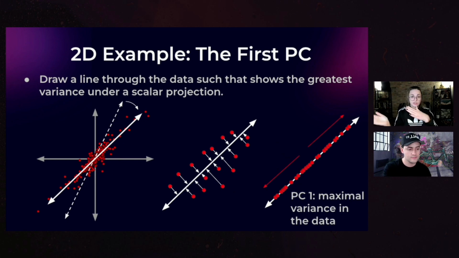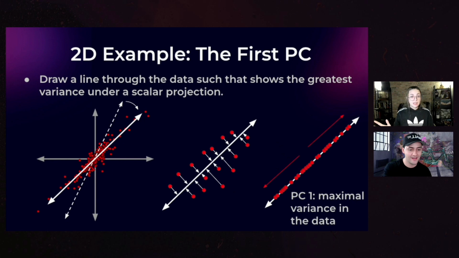So we can see there's a bunch of different lines that we can draw. And when we project the data onto that line, there's only one line that will give you the maximum variance, the maximum amount of information in that data set. Does that make sense? Yes. Easy. See how easy that is?